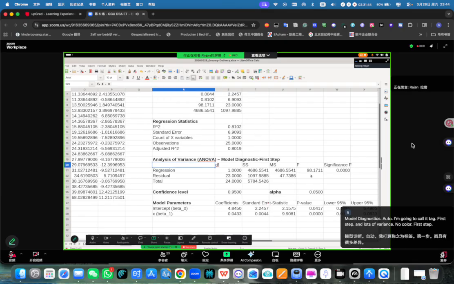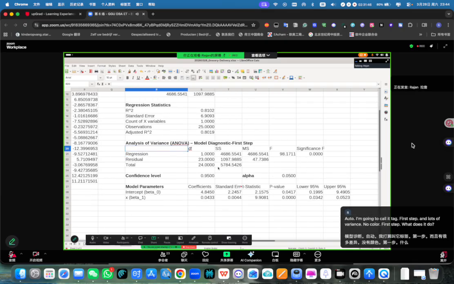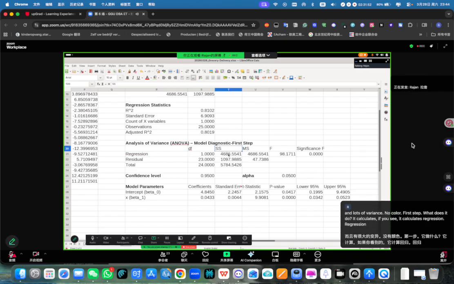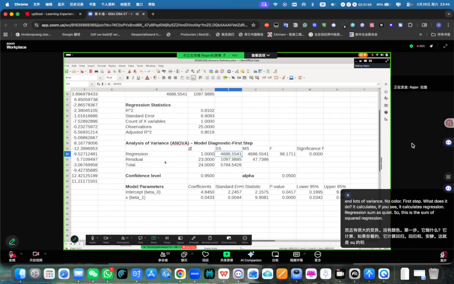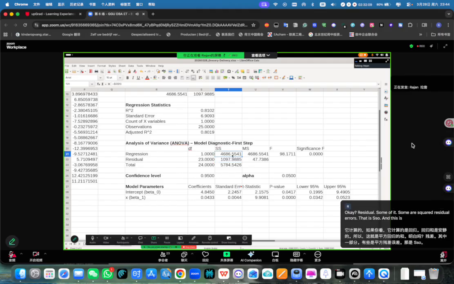What does it do? It calculates the sum of squared regression, SSR, and the sum of squared residual errors, SSE, with the corresponding degrees of freedom.